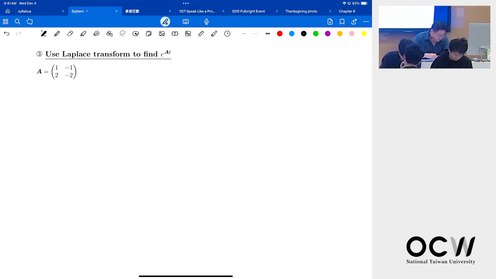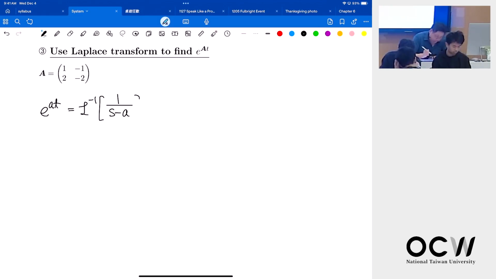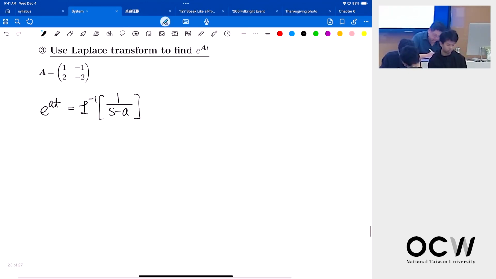Let's review. First, if I have e to the at, with scalar a, then this is the inverse Laplace transform of 1 over s minus a. Then we can use this concept similarly when a becomes a matrix.